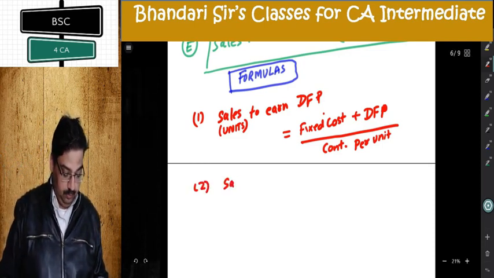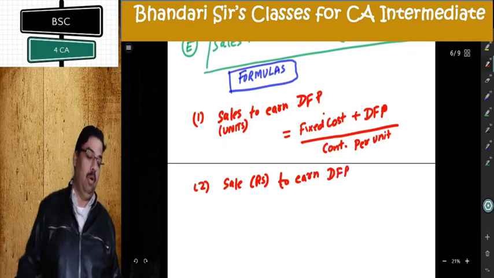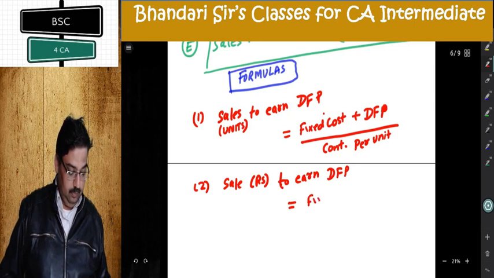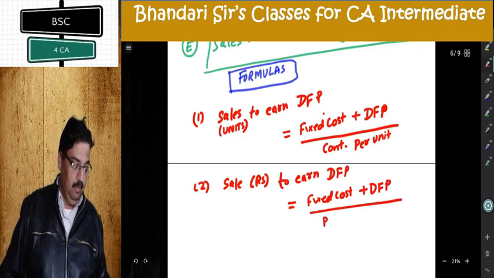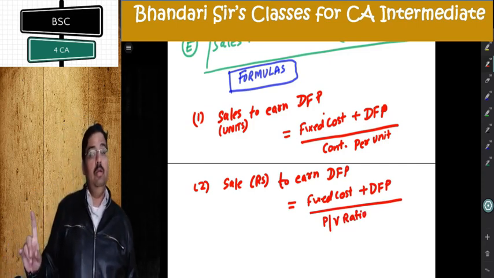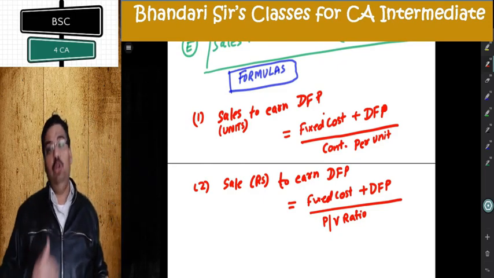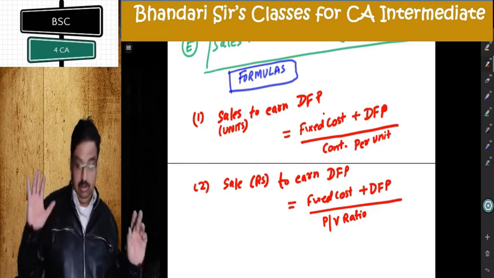Number 2, sale in rupees to earn DFP. If in rupees we have to compute, then what? Fixed cost plus DFP divided by PV ratio. Same formula of break even, only change in the numerator we have added a desired fixed profit along with the fixed cost.